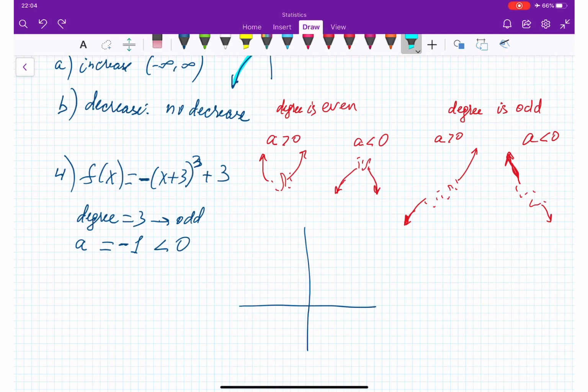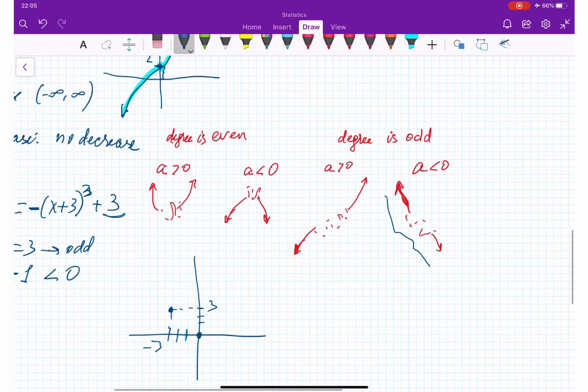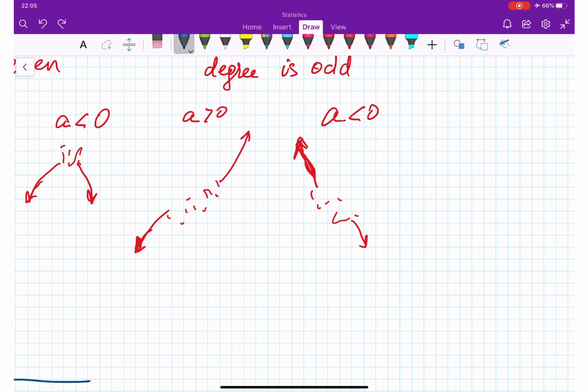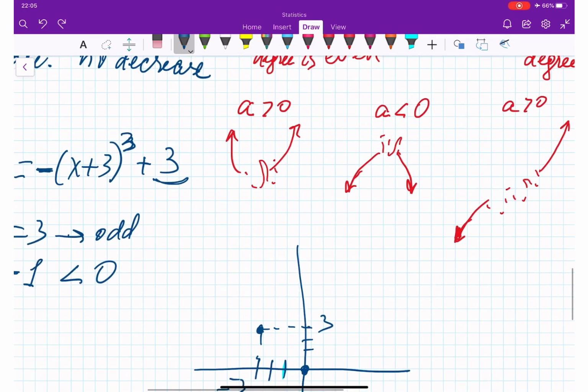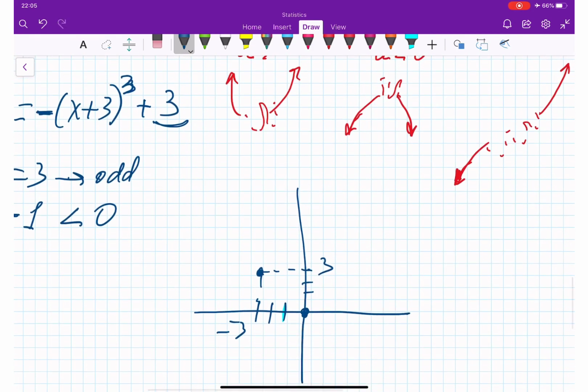It is negative 3, so we are moving to negative 3. Let's say 1, 2, 3. This is negative 3. And moving up by positive 3. 1, 2, 3. This is negative 3. This is positive 3. So what's happening? This 0 we had originally is moving to this point. So this graph, this one I'm talking about, is going to go through this point. So it's going to look like this.